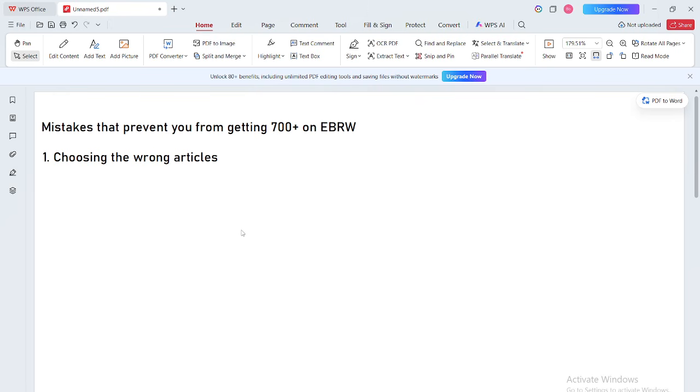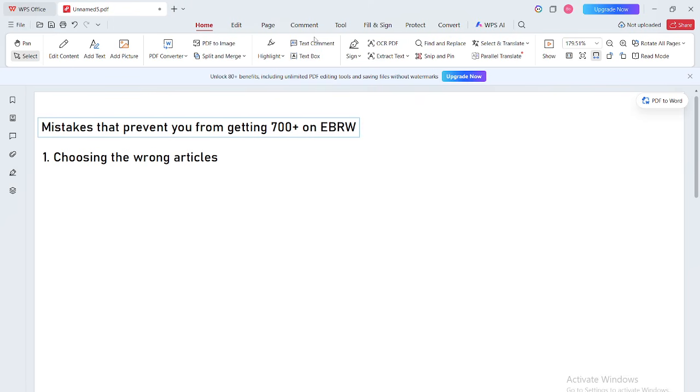New Scientist is not the easiest one. It's actually hard, but it will not make your life miserable. The New Yorker includes a lot of fiction and a lot of words that even I have never heard of. So do not choose the wrong articles.